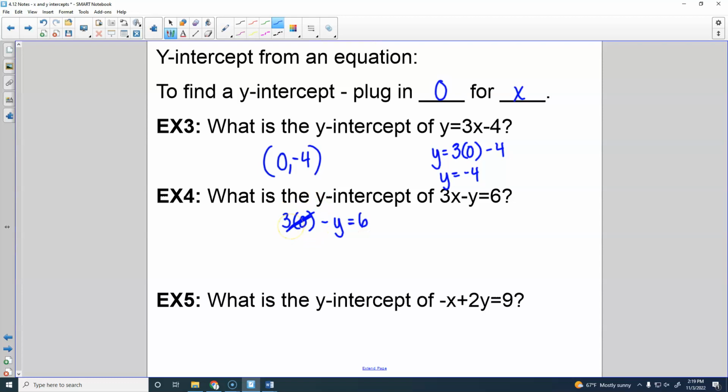That just goes away, right? So then I just have -y equals 6. What do I need to do to solve that? Divide by that -1. So y equals -6. And that would probably be written like this, 0, -6.